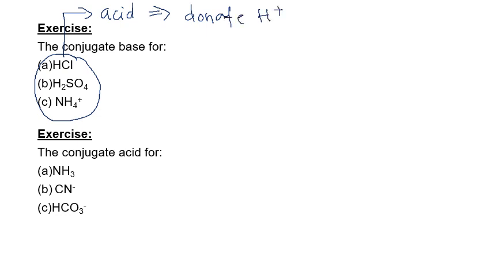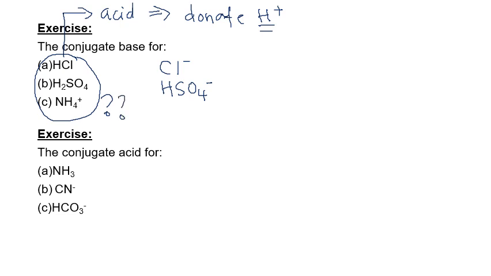So after HCl donates a proton, the formula will be Cl negative. H2SO4 after donating the proton will become HSO4 negative. Why does the charge become negative? Because they lost H+. So this is the exercise for you.